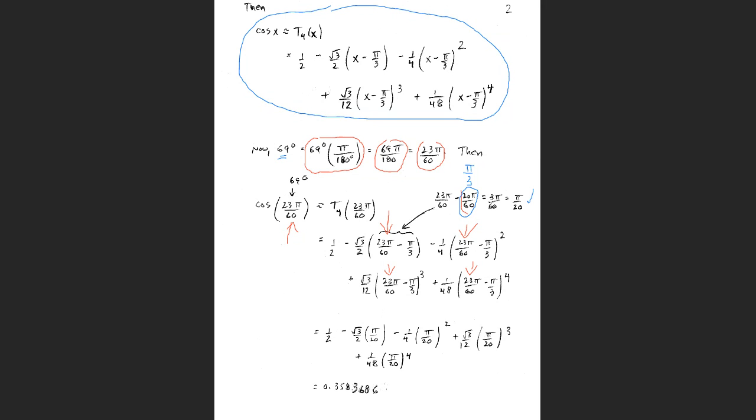And you have to do this. You cannot do a decimal approximation on this step. You have to have the pi over 20 in there. And then when you evaluate this, you have to type it all out on your calculator.